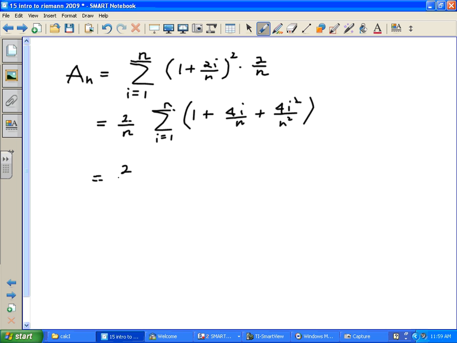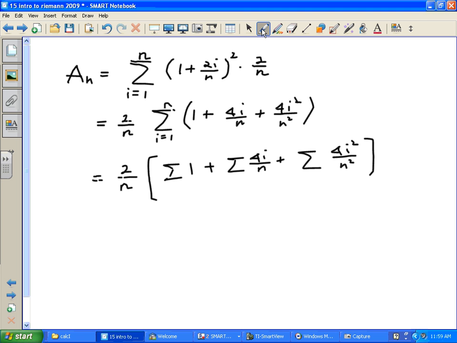Now let's try to distribute our summation notation. So this will be summation of 1 plus summation of 4i over n plus summation of 4i squared over n squared. In each case, i is going from 1 to n.